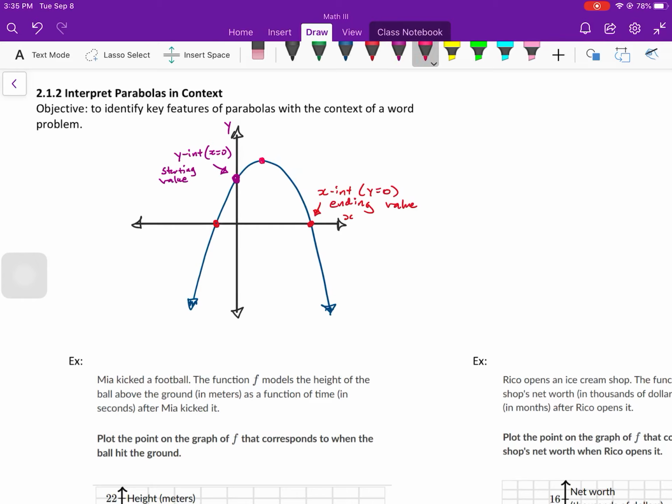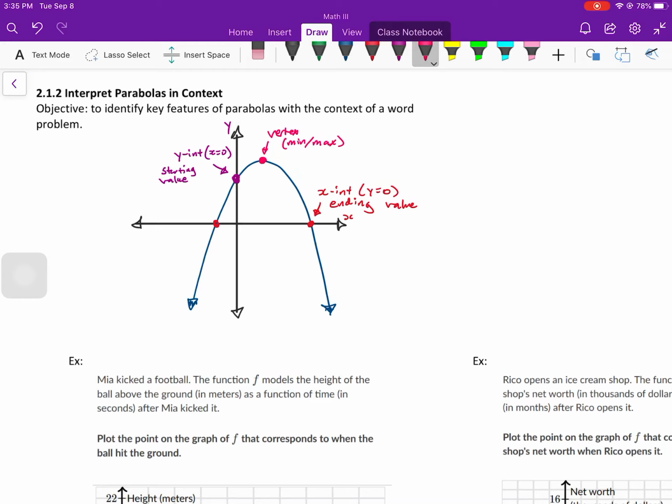Then last, we have our vertex, which is our minimum or max. Now, this is the one that gets the most confusion. Should I answer with the x or the y value?